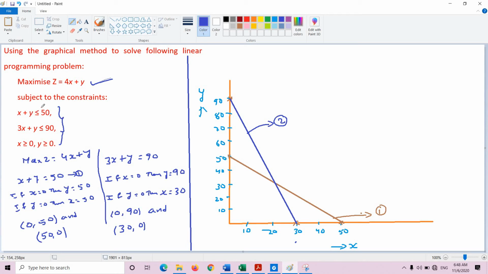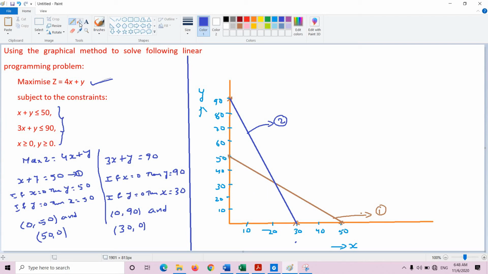Okay, less than or equal to symbol means, let me take a color. Under the equation 1 line, whatever area is shaded is going to be your region. That region you have to select. If the less than or equal to symbol is there, you have to shade the region under the line like this.